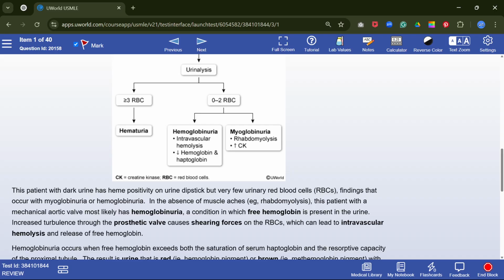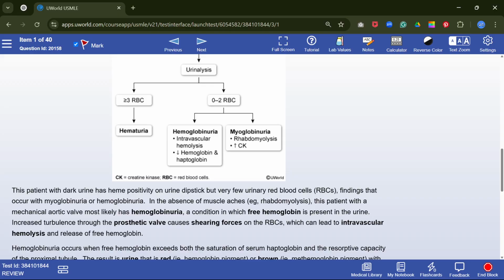So this patient with dark urine has heme positivity on urine dipstick but very few urinary red blood cells, a finding that occurs with myoglobinuria and hemoglobinuria, in the absence of rhabdomyolysis.